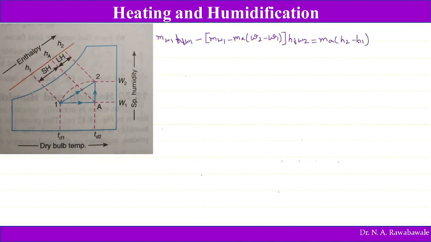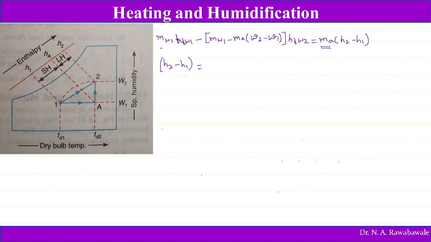If we transfer MA to the right hand side, then we can write the enthalpy difference H2 minus H1 is equal to, here MW1 is taken common.